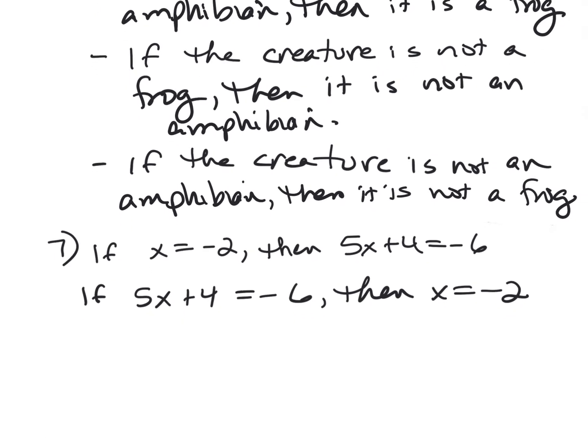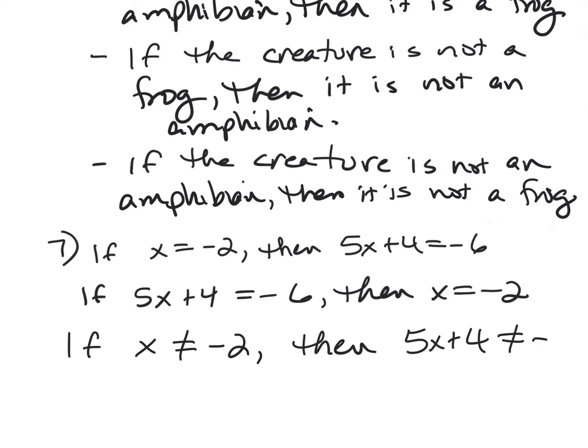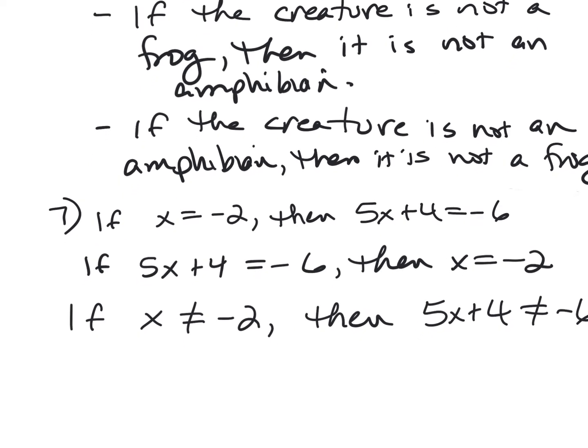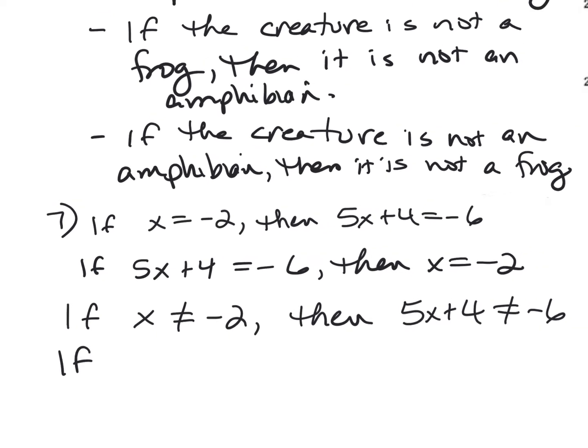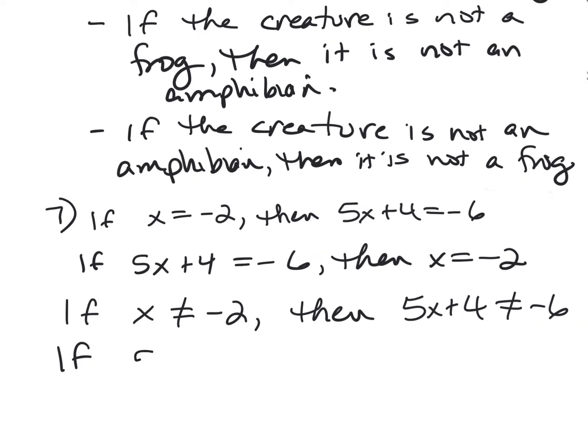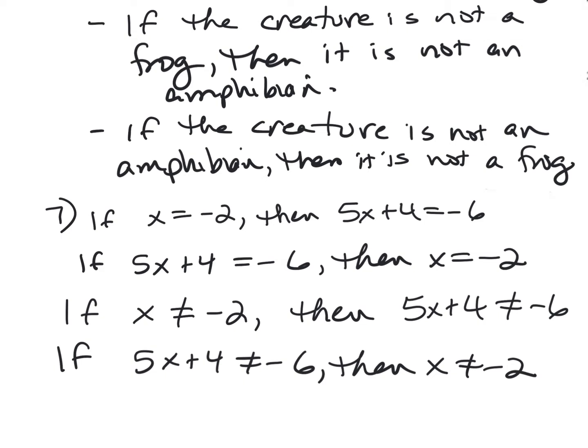For the inverse, we're going to negate it. So I'm just going to use the not equal to sign. So if x is not equal to -2, then 5x plus 4 is not equal to -6. And then lastly, the contrapositive, I'm going to flip it. So if 5x plus 4 is not equal to -6, then x is not equal to -2.